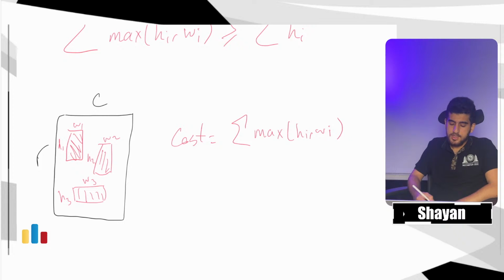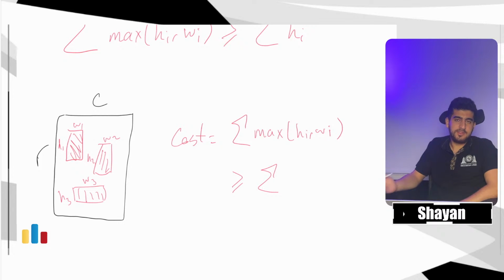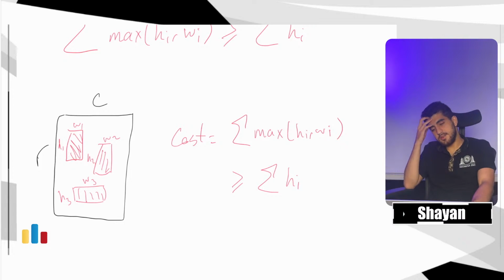So my sum is sigma of maximum of hi and wi over all these subgrids, and this cost is greater than or equal to the sum of heights. I'm adding the maximum of heights and widths of each of these subgrids that we turn white. Maximum of hi and wi is greater than or equal to hi, so the sum is greater than or equal to the sum of the heights.